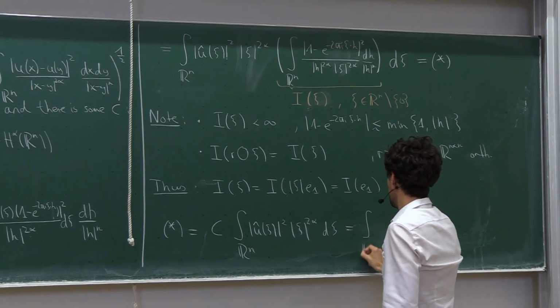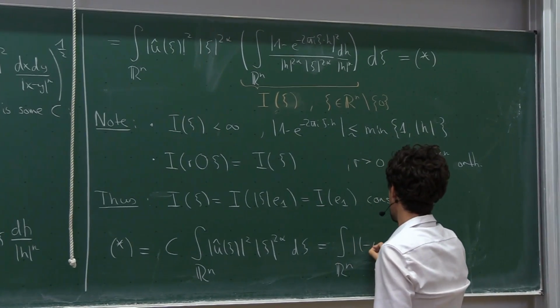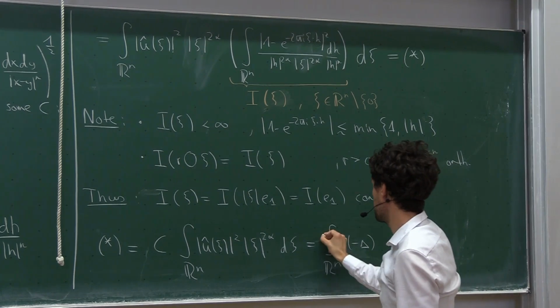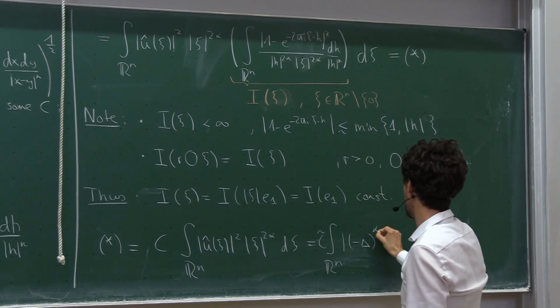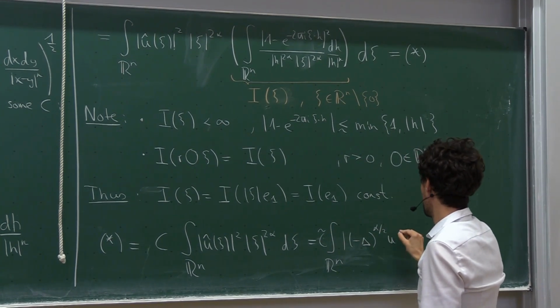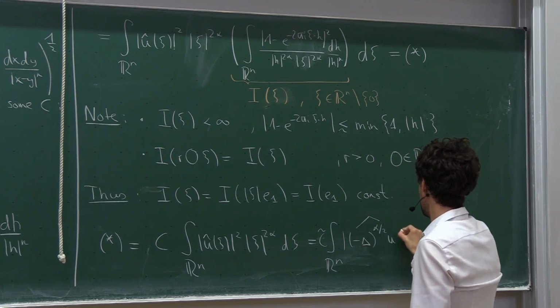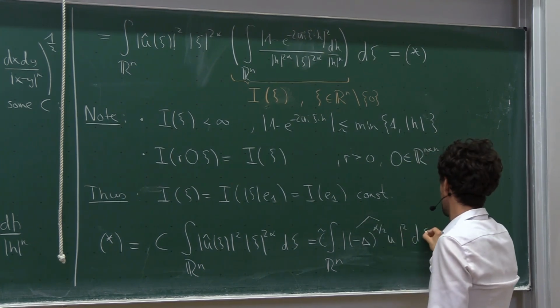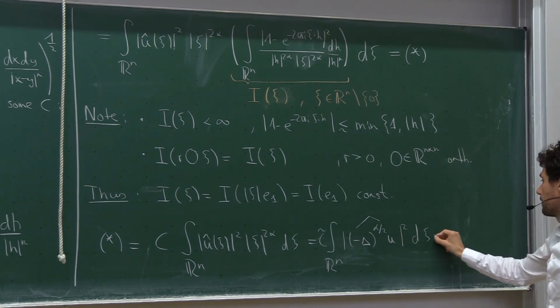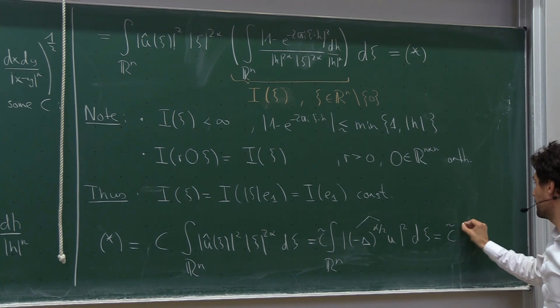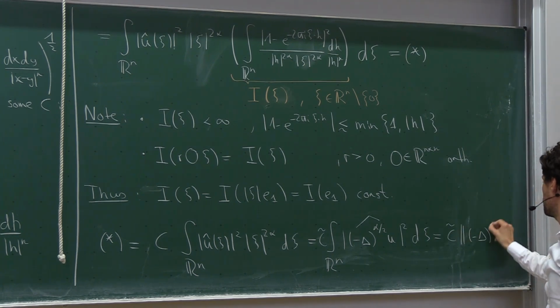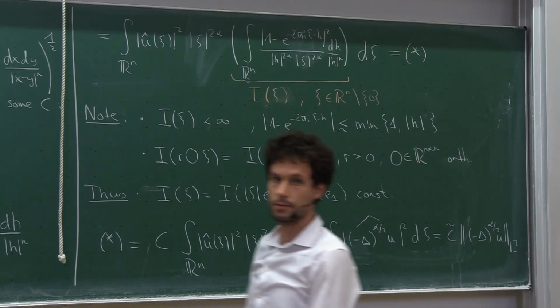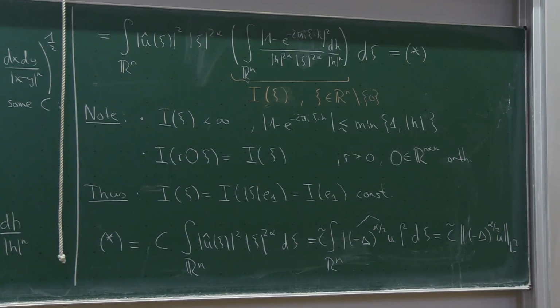Well, this is the same thing by the functional calculus as minus delta, up to some other constant, minus delta to the alpha over 2 u hat squared dxi. And then you use Plancherel, and you have the same constant, and you have the fractional power. Right? And then the proof is basically done.